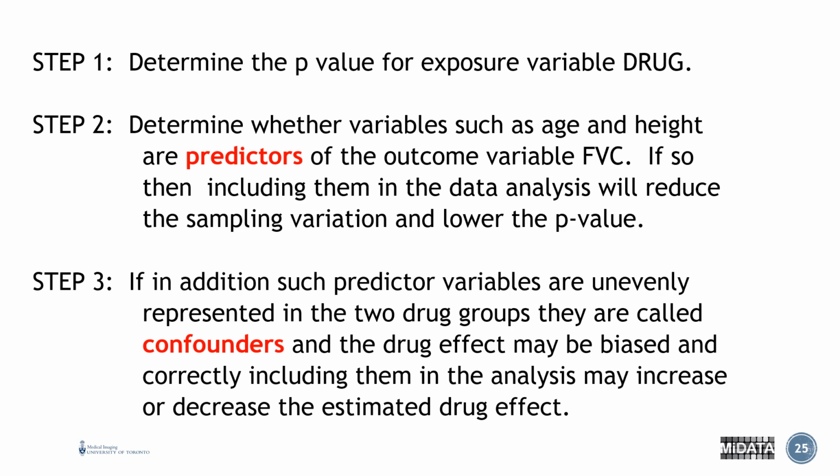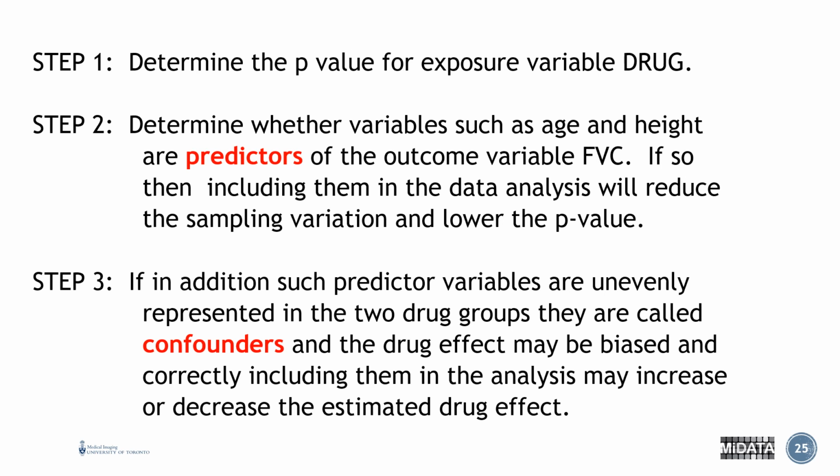Step 1, determine the p-value for the exposure variable. In this case, it was drug. In step 2, determine whether variables such as age and height are predictors of the outcome variable. In this case, it was FVC. If so, then including them in the data analysis will reduce the sampling variation and lower the p-value. That's always a good thing.